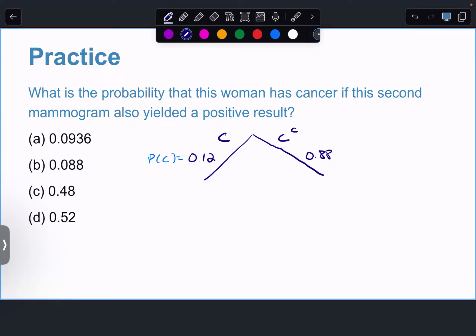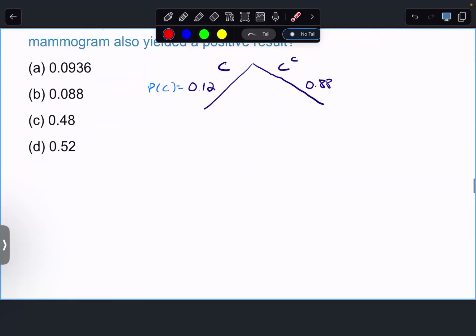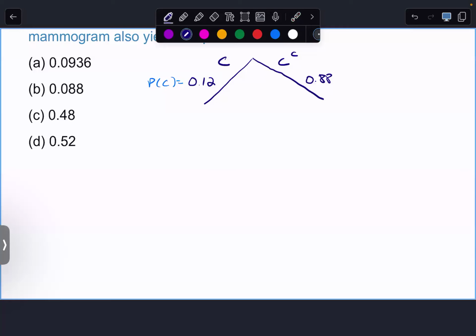You thought that was lazy, not writing out the probabilities. You won't believe what happens next. Positive, negative, positive, negative, right?